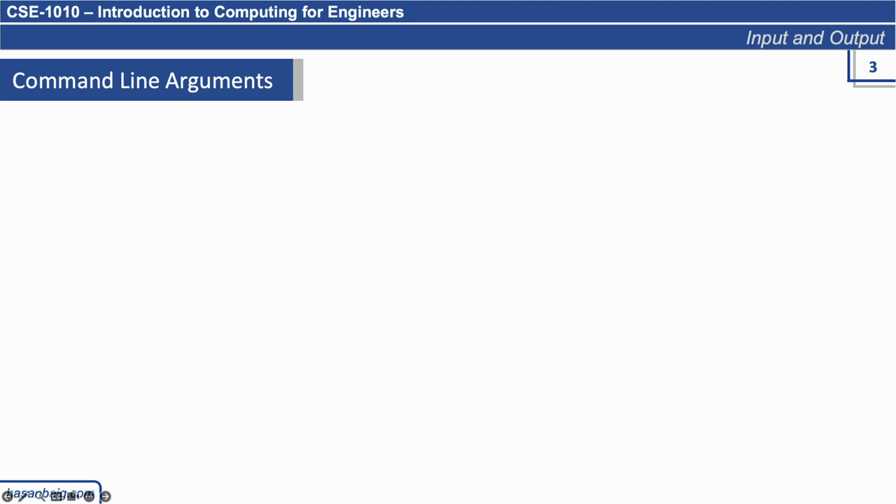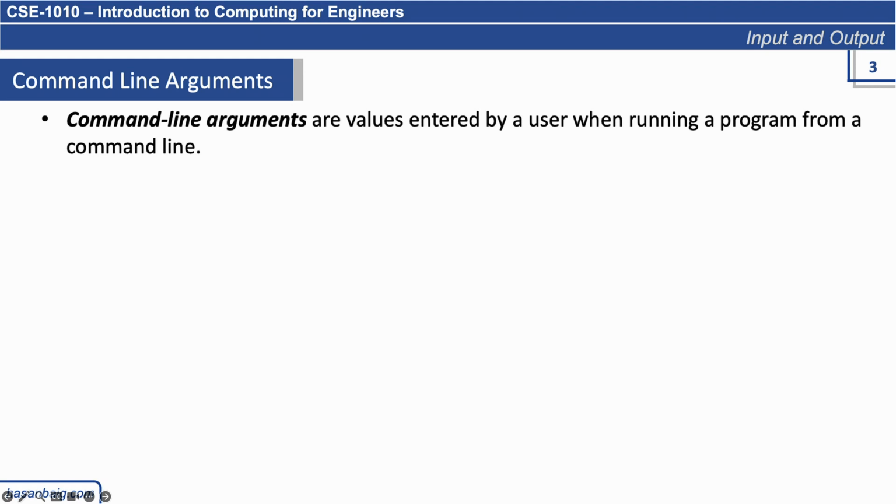Okay, so first of all, command line arguments. What are command line arguments? These are the values entered by a user when running a program from a command line or from a terminal.